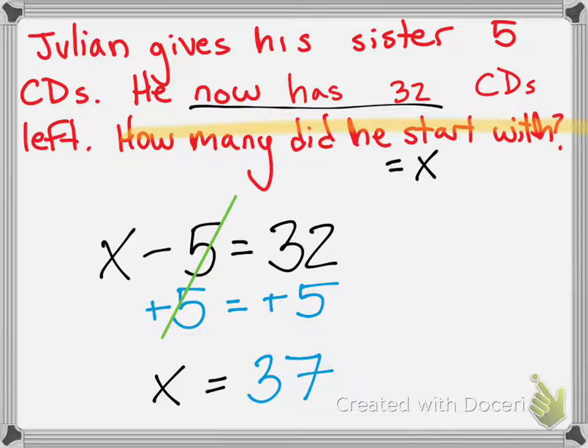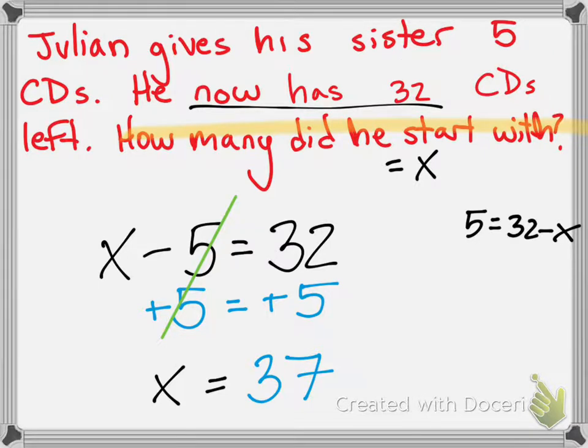So a couple of you in the chat wrote something that looked like this. You wrote 5 equals 32 minus x. We know that if he gave his sister 5 CDs, he had more before, right? So in our head we already know he had 37. He has 32 now, he had taken away 5, he had 37.